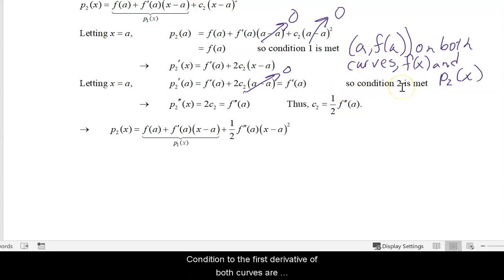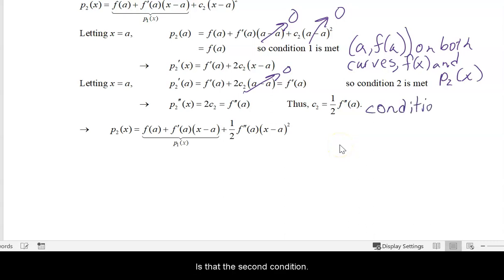Condition 2, the first derivatives of both curves are the same at a, f of a. And condition 3, which is here, is that the second derivatives of both curves at the point a, f of a are also equal.